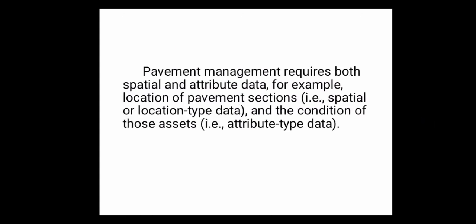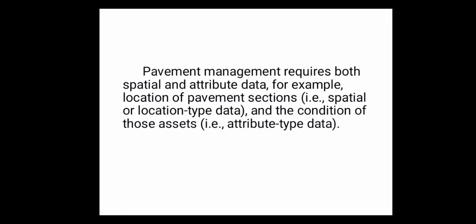Due to the spatial capabilities of GIS, including data storage, retrieval, analysis, and presentation, the use of GIS for pavement management systems is increasing. Pavement management requires both spatial and attribute data.